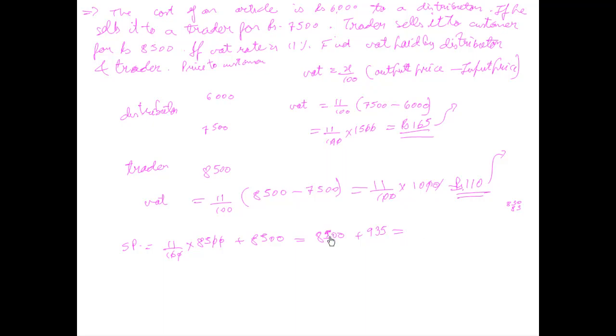The customer will have to pay 8,500 plus 935 rupees as tax, which makes it 9,435 rupees. That is the price to the customer, and the tax received by the government, the total tax, children, would be 935 rupees. Thank you.